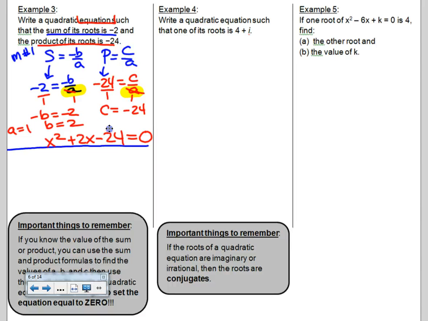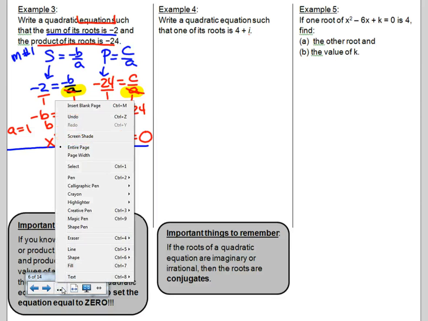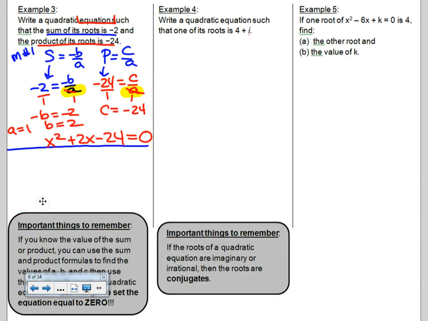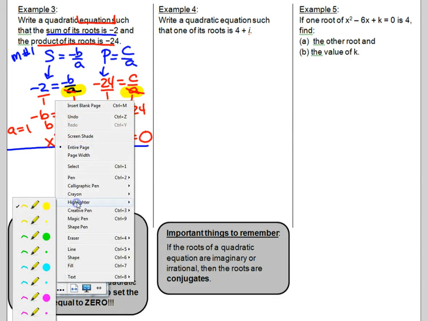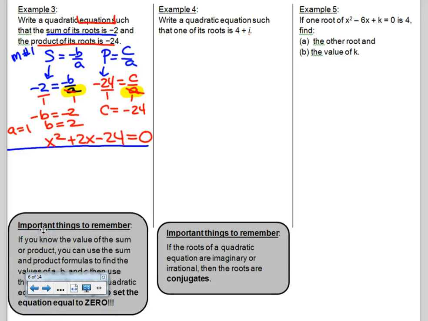Now, once you do a lot of these, you're going to realize that something else special happens. Because we're letting A be the number 1, if you go back to the Use What You Know page, every time A was 1, it actually just dealt with the B and C numbers. So some of you guys, and I'll give you a little helpful hint, will realize that if the sum of the roots is negative 2, that means the B is going to be 2.